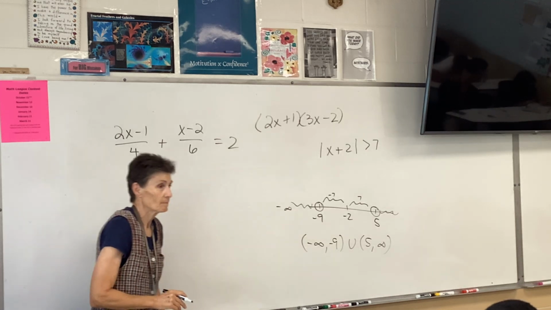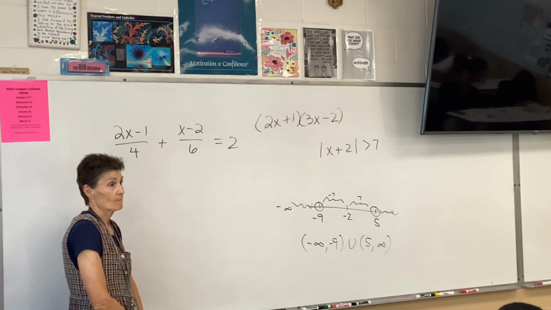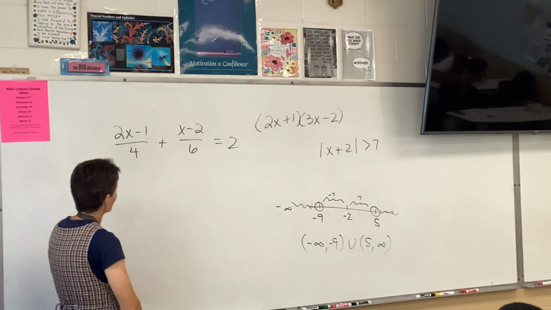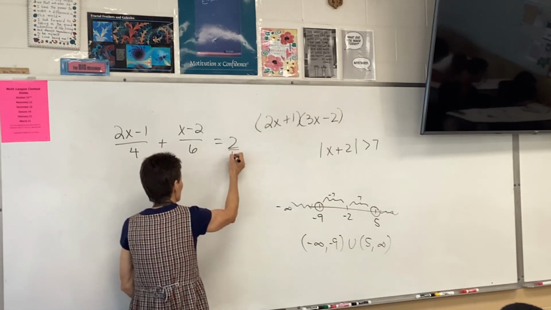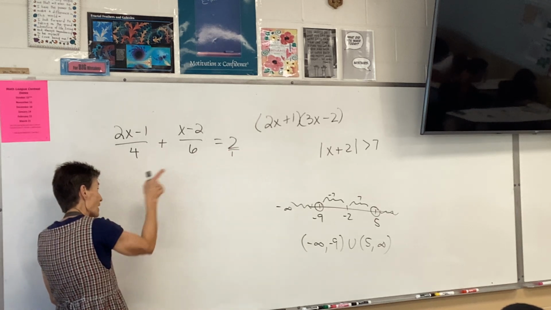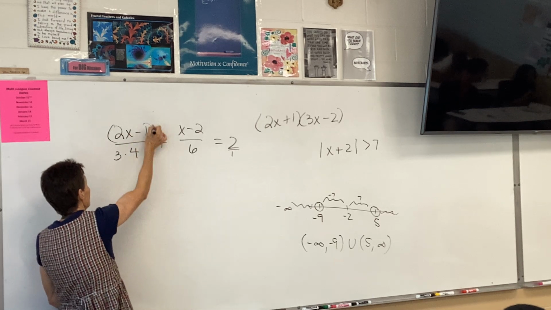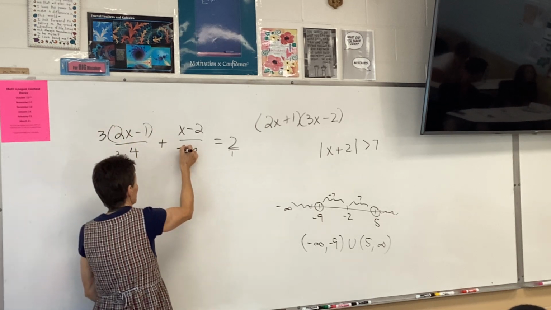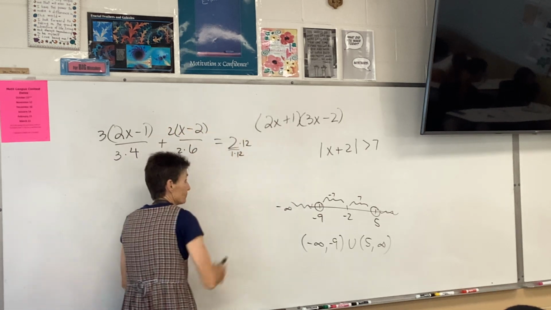What do you think we should do to get started? Common denominator, which again will be 12. Remember, you need it over here too. Don't forget that number. So 3 here, 2 here, and 12 here.